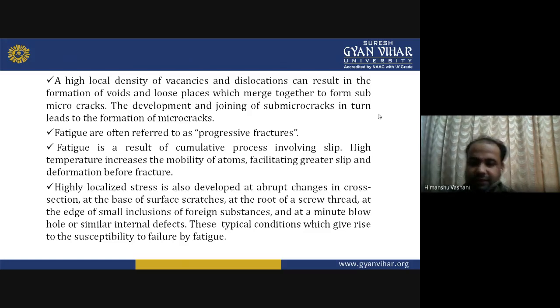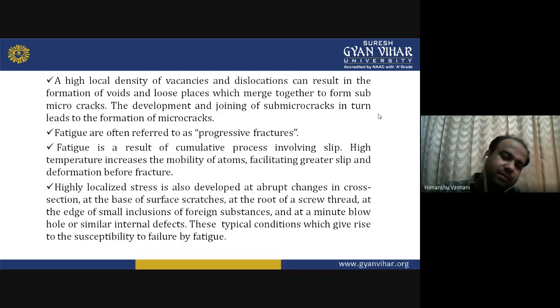These typical conditions give rise to susceptibility to failure by fatigue.